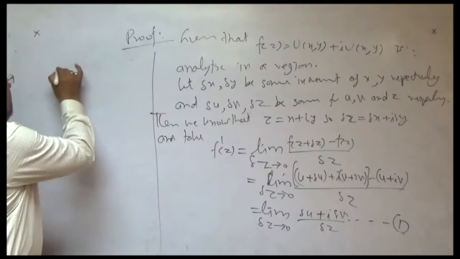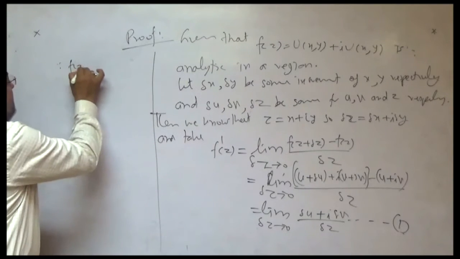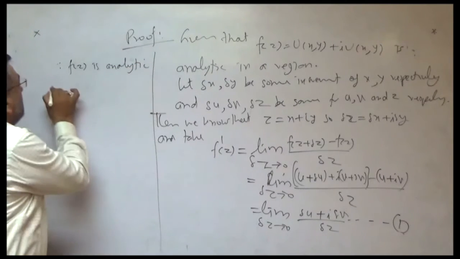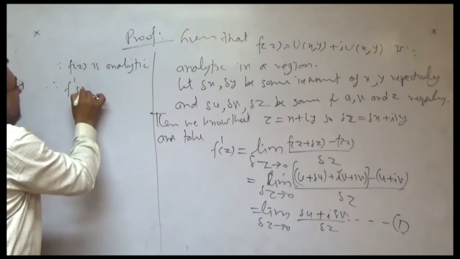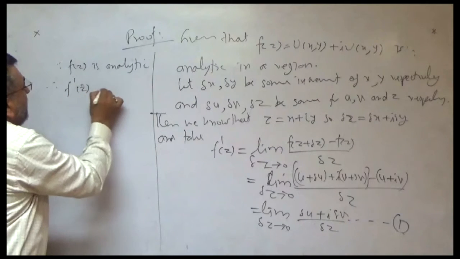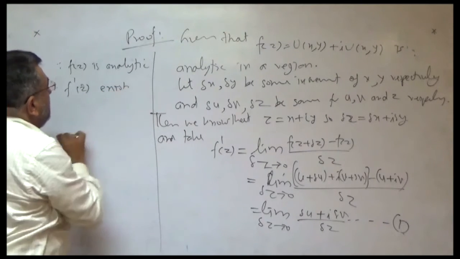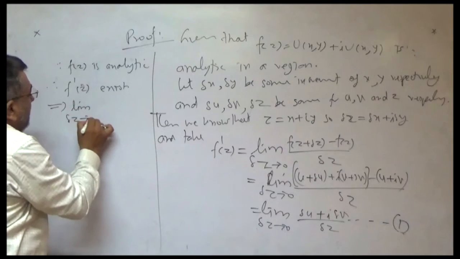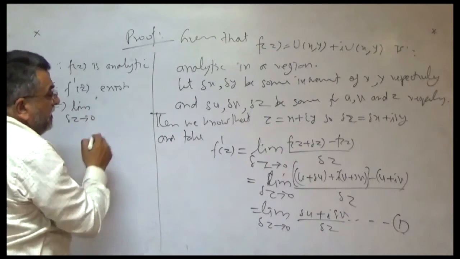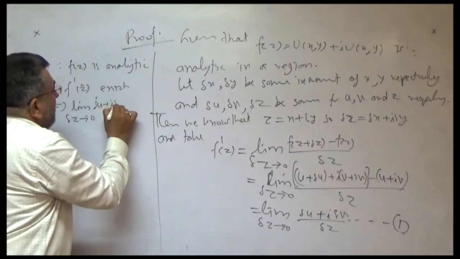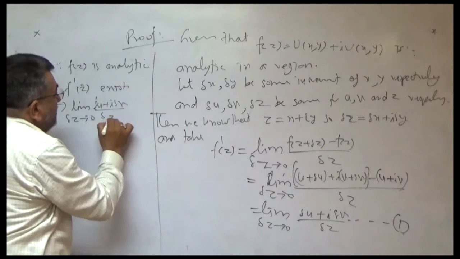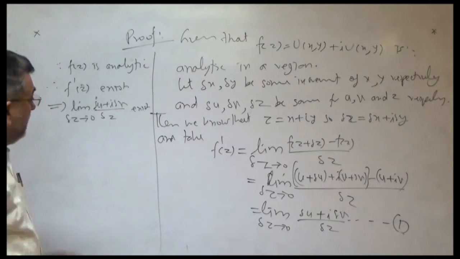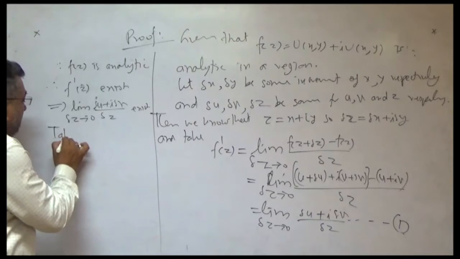Since f(z) is analytic, f dash z exists, and so the limit of del u plus i del v upon del z exists.